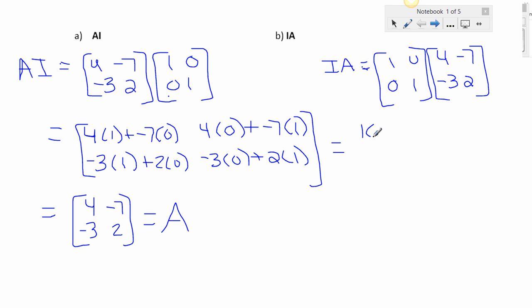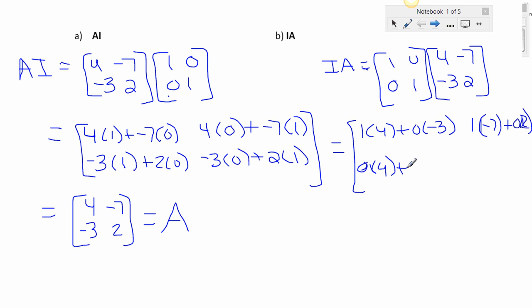So 1 times 4 plus 0 times negative 3, 1 times negative 7 plus 0 times 2. Second row, first column, 0 times 4, 1 times negative 3, and 0 times negative 7, 1 times 2.